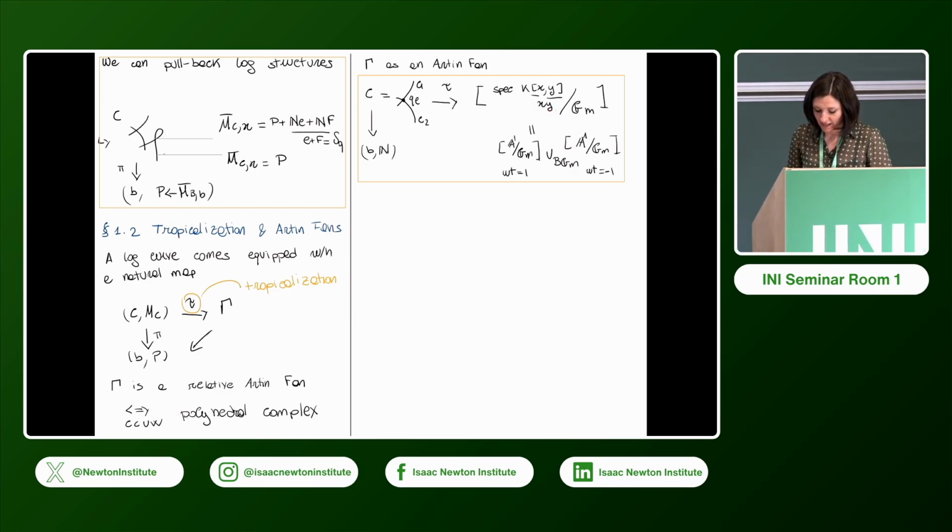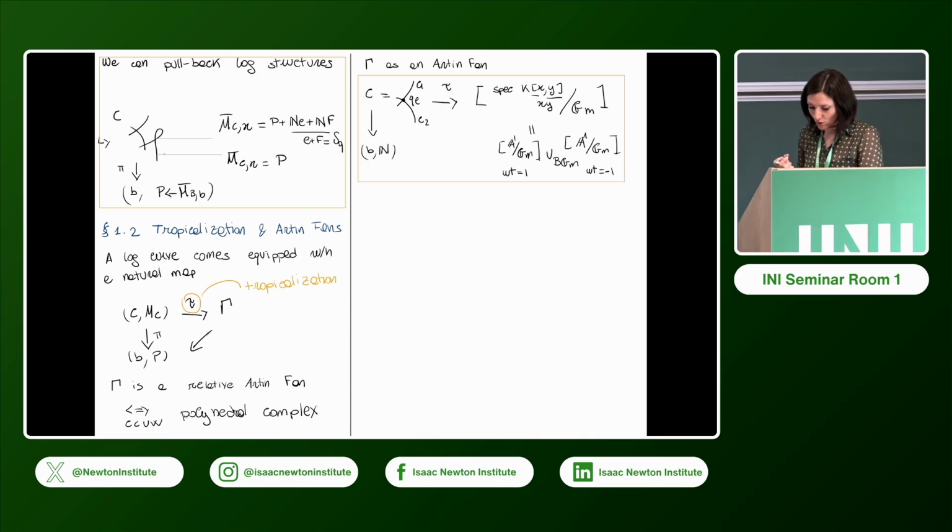I just take a nodal rational curve, and I quotient by the action of Gm acting with opposite weight on x and y. So it's just two copies of A^1 mod Gm attached by their closed point.